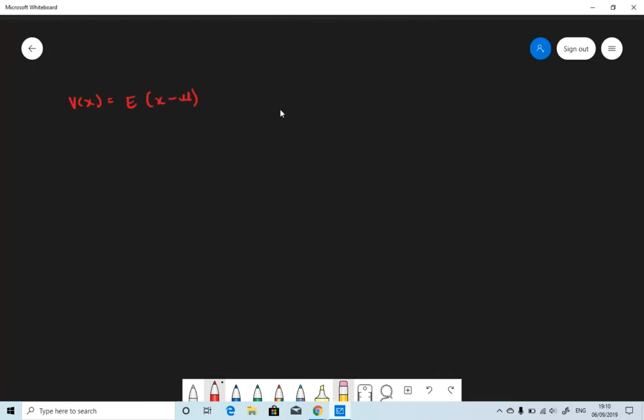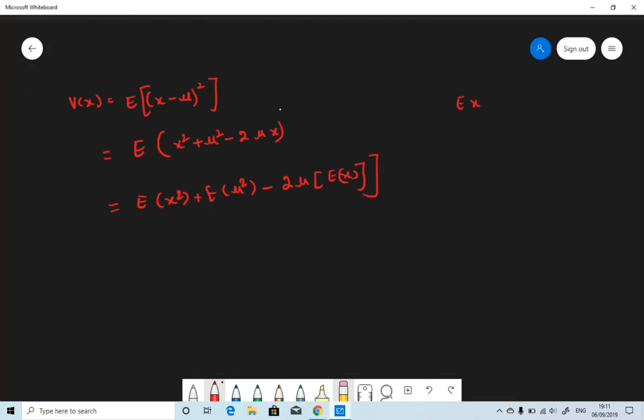X minus mu, the whole square. I'm going to expand this: x square plus mu square minus 2 mu into x. So I'm making it the expected value of x square, plus the expected value of mu square, minus 2 into mu into the expected value of x. We discussed that the expected value of x will be mu, right?